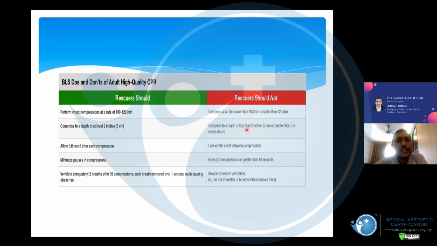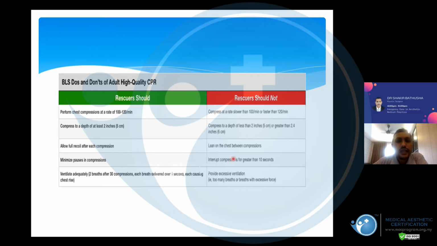Okay, a compression of less than 2 inches or 5 centimeters, or greater than 6 centimeters, is not advisable, as less than 5 centimeters will not allow adequate compression between the ribs and the chest wall to pump adequate blood from the heart to the other organs. Or if you compress more than 6 centimeters, there's always a risk of fracturing the ribs.